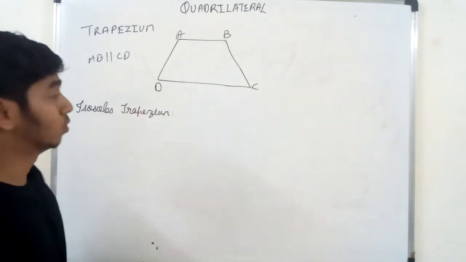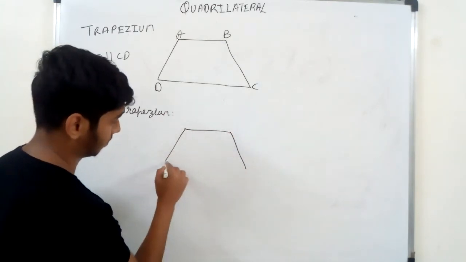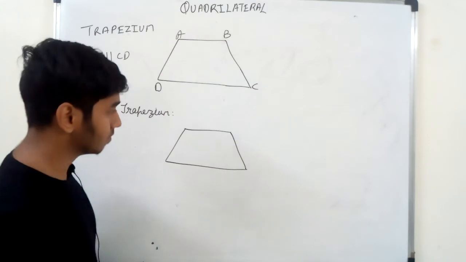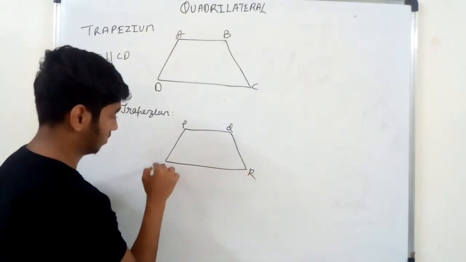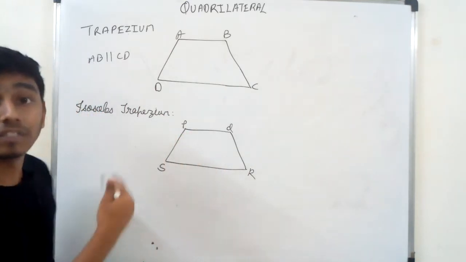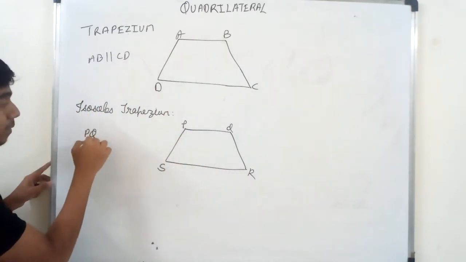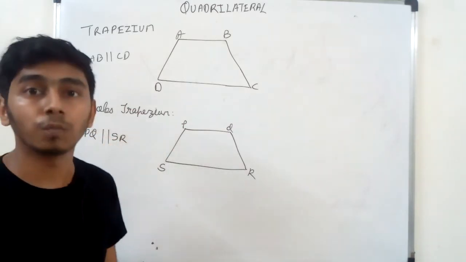So if you draw a trapezium, PQRS. Now you already know that this is a trapezium. If this is a trapezium, we know that PQ is parallel to SR. Yes or no?